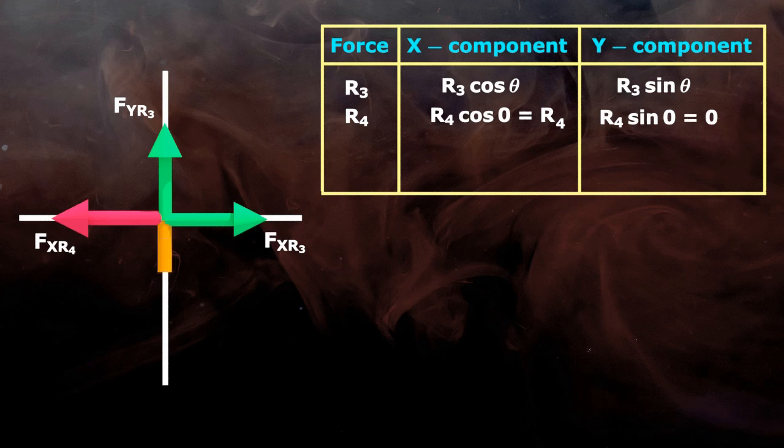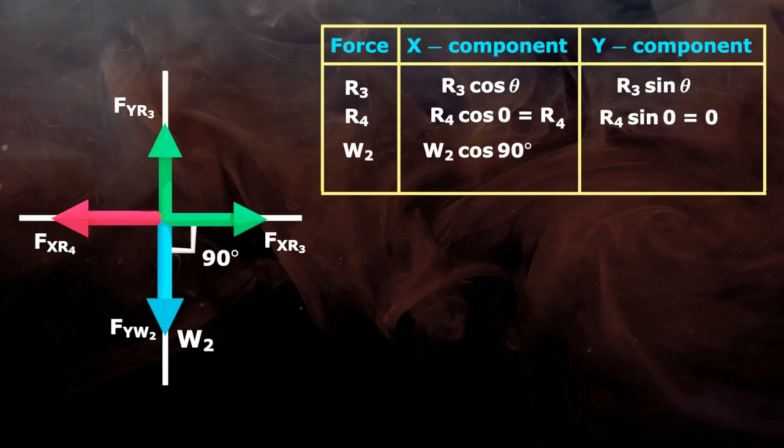Third force is self-weight W2, which is acting in vertically downward direction making 90 degree angle to horizontal. So the x component will be W2 cos 90 equals 0 and the y component is W2 sin 90 equals W2, that is 7 Newton.